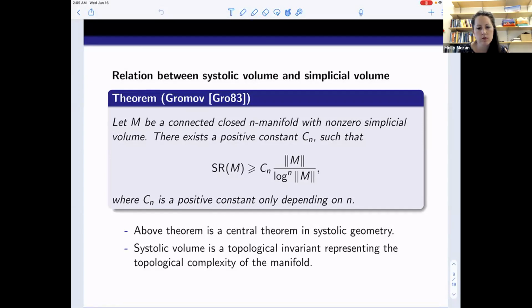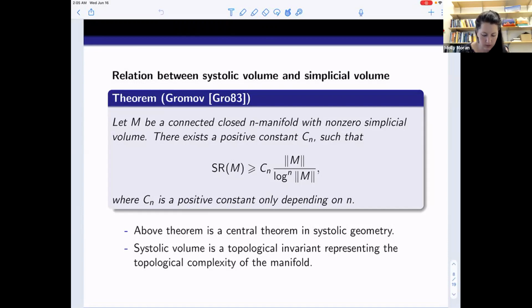This theorem is one of the most important theorems in this area, which we call systolic geometry, and also it is one of the most difficult theorems in systolic geometry. This theorem is very important because it tells us the systolic volume is a topological invariant related to the topological complexity.